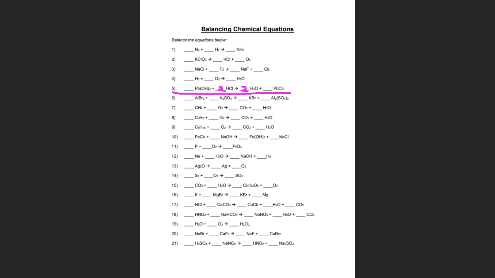Finally, the turn comes for the lead. Now we have 1 lead here and 1 lead there. And finally, oxygen. We have 2 times 1 oxygen equal to 2 oxygen, and here we already have 2 oxygen.